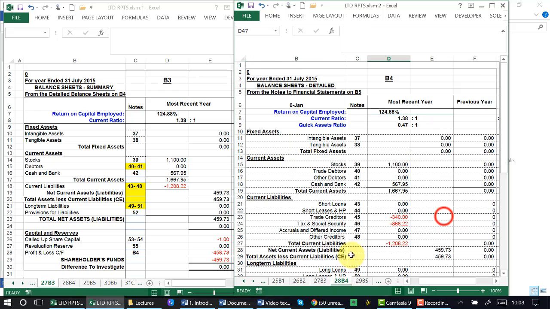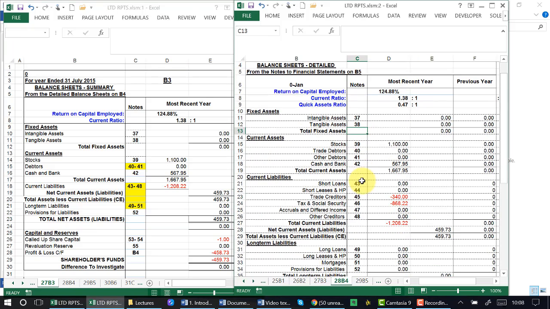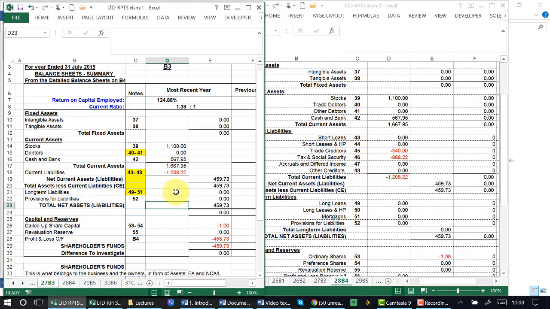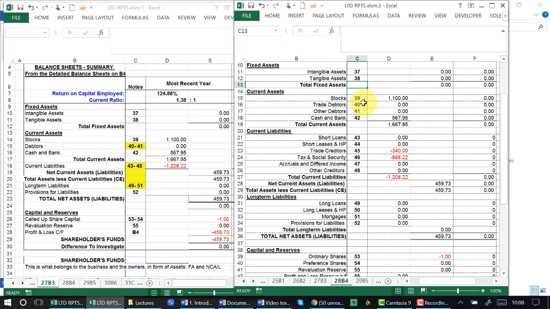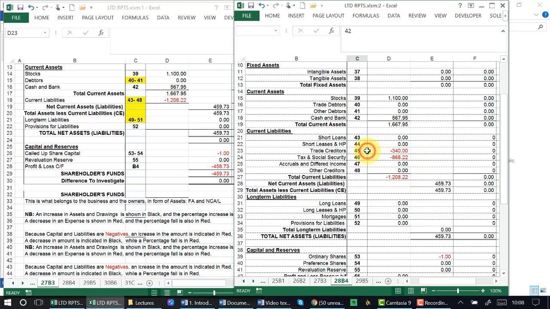Now we're looking at B4 on the right. There's B3 on the left. Now up here is note 37, 38. Now stocks is 39. Then debtors is 41, 42. They are summed. Then we've got 42 below. And then 43 to 48, making up that one that appears as current liabilities here.